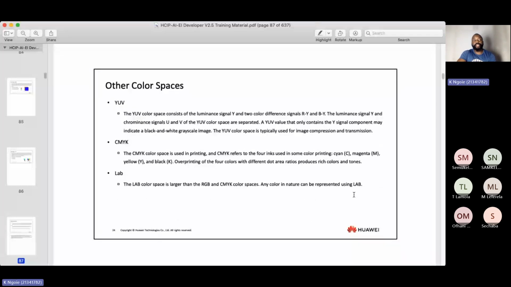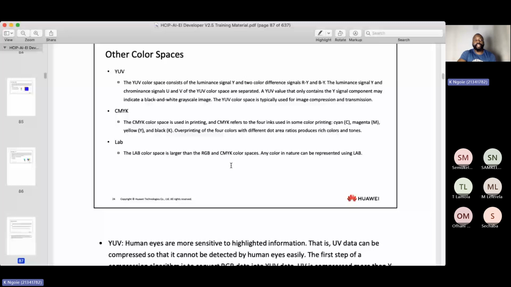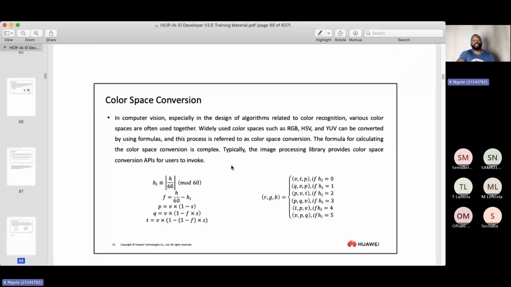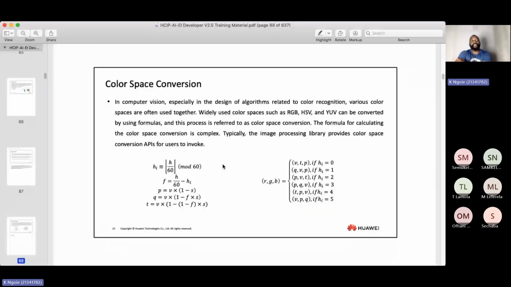So other color spaces we have are YUV, CMYK, and Lab, right? Which are different color systems that can also be used. We have color space conversion because in computer vision, the algorithms related to color recognition, you understand, have many color models that can work together, based on what we have.